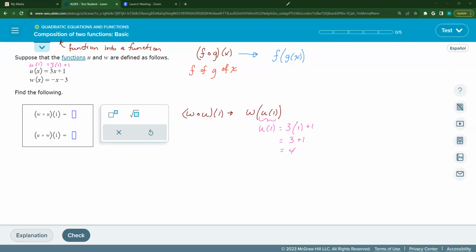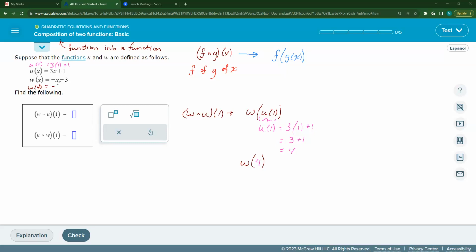So in this problem, the W can stay the W, and I can replace this U of 1. I did all the calculations. I plugged the 1 into the U, and I have 4. So I'm going to put the 4 here. And now I can find what W of 4 is. So W of 4 means I'm going here, and I'm going to replace all of the X's with the 4.